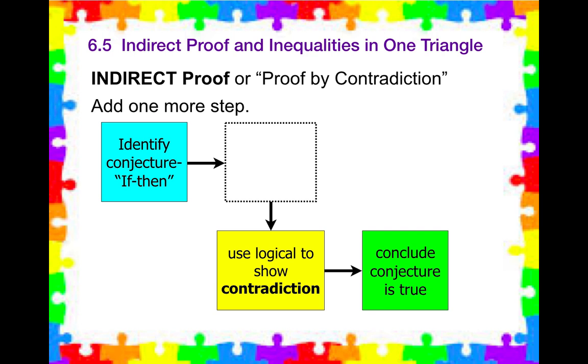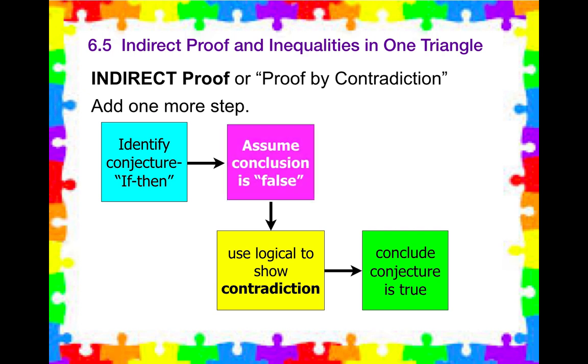But the part that is different here is the second part. We assume the conclusion is false, which is kind of odd, but in a lot of cases it works out much better when you're trying to prove certain things, because sometimes trying to prove what it is not, or the opposite, is easier than proving something directly is true.